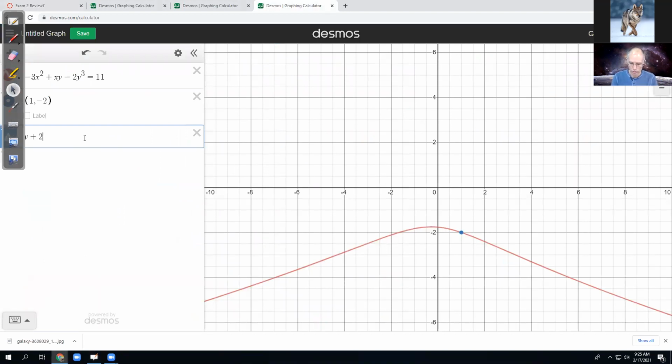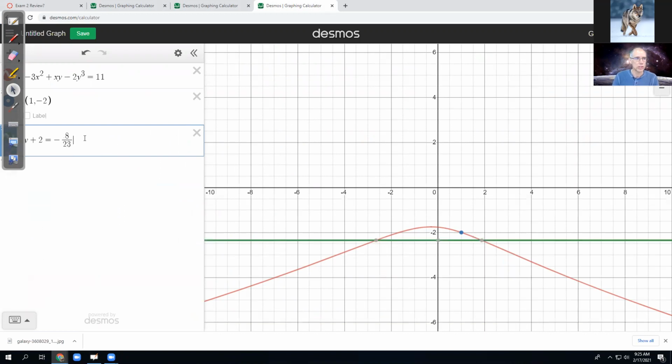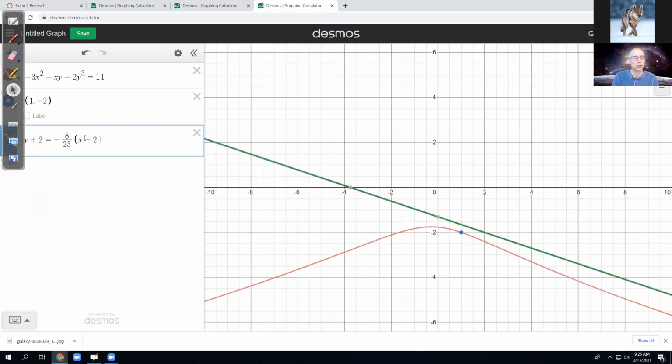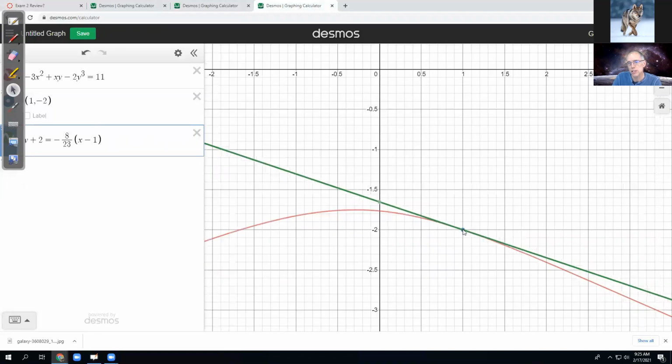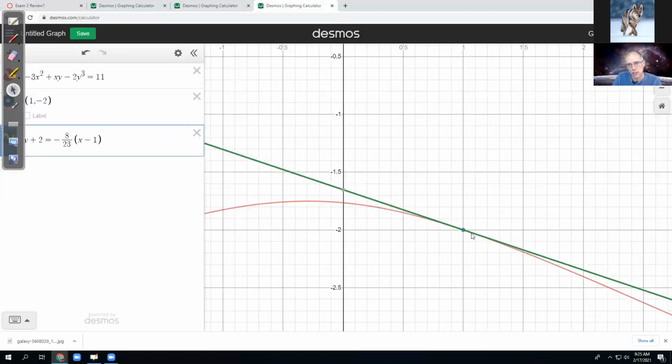Y plus 2 equals negative 8 23rds times x minus 1. Oh, both minus 1. Yeah, there it is. So that looks pretty tangent there, and we could zoom in to see that it looks pretty tangent. So I think we did a good job there. Graphically, it looks nice. And that's pretty much the only way to check it.